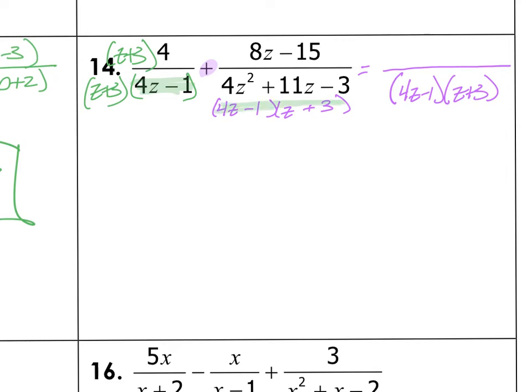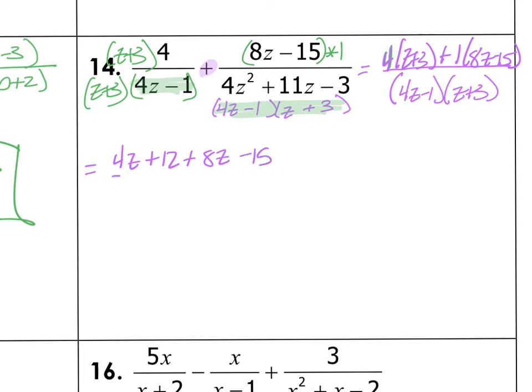It doesn't need anything, so I'm going to just multiply this by 1. So I've got 4 times z plus 3 plus 1 times 8z minus 15. So I get 4z plus 12 plus 8z minus 15.